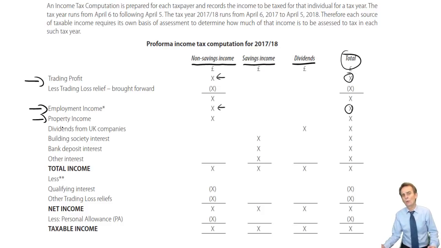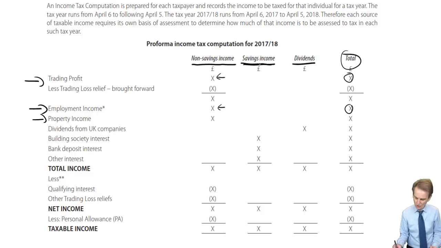Now, there are various forms of, shall we call it, investment income. 2 of them we have specifically earmarked on this computation. Here are interest, known as savings income, and here are dividend income flowing through from our share ownership. The other most likely one, you may be fortunate enough to own a property that you don't just live in, but maybe a separate property that you're able to rent out and derives rental income.